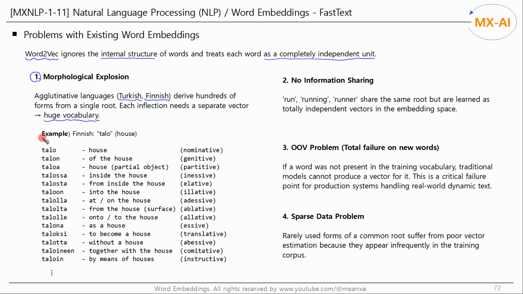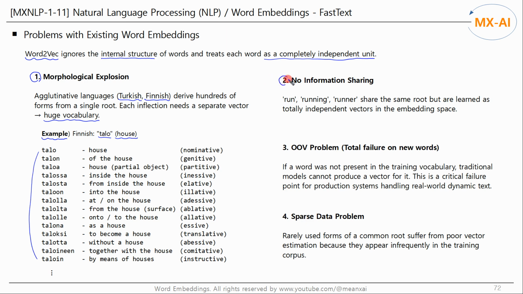The example below shows various inflected forms of the Finnish word talo, which means house. As you can see, a very large number of inflections exist. If all of these forms are treated as separate words, the model cannot efficiently share statistical information across related word forms.